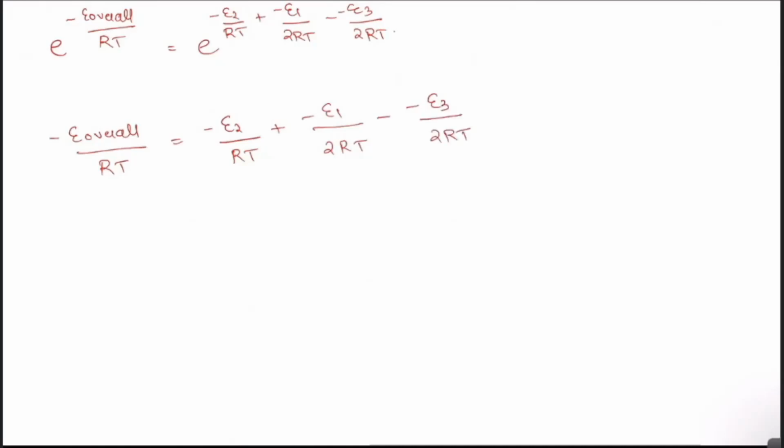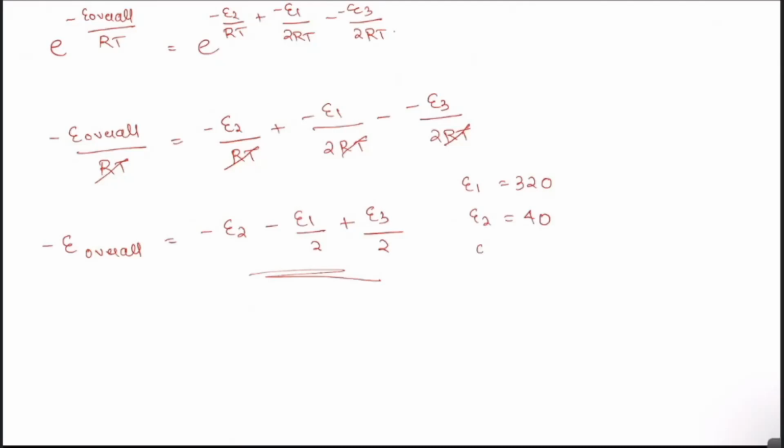So first we can cancel all the RT terms from the equation, and now we can just substitute the values. So minus E overall is equal to minus E2 minus E1 by 2 plus E3 by 2. We have E1 equal to 320, E2 equal to 40 and E3 equal to 0.